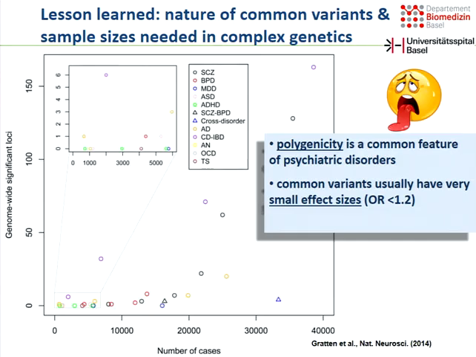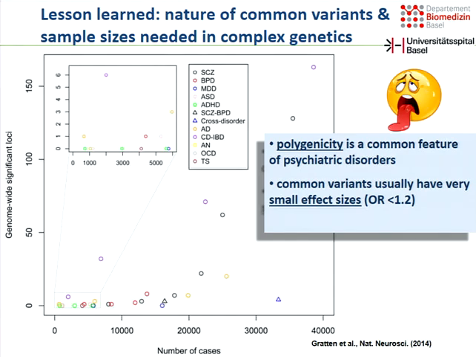And that is also something that we had to learn. 10, 20 years ago, we thought we would find, let's say, odds ratios of 1.5 or 2, which means you have a base risk to develop the disease, and if you have that particular variant, your risk is increased. An odds ratio of 1.5 would mean your basic risk is increased by 50% to develop the disease if you have that particular variant.